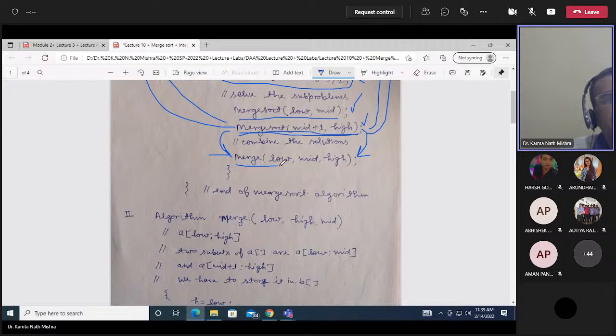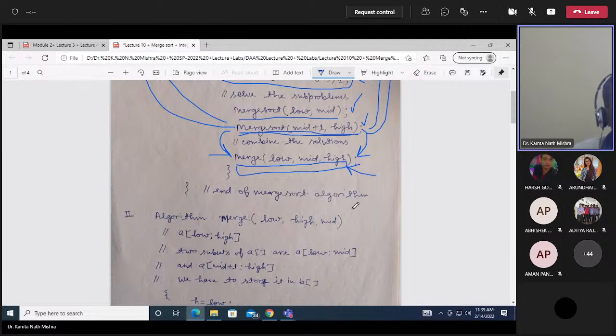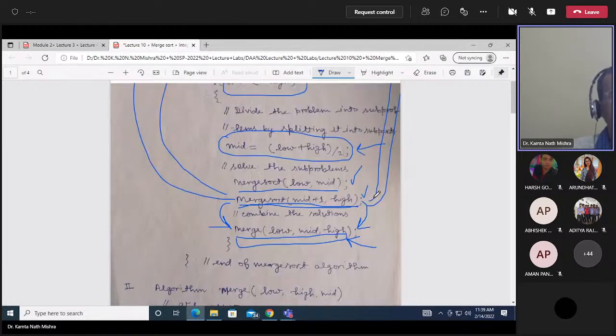How the merge function is implemented we will discuss in the next lecture, because 10 minutes is not enough for this. Today we just saw the algorithm, how to divide the array into subarrays in such a way that each array will have only one element. Just two things you are doing: mid equal to (low plus high) by 2, and calling the function.